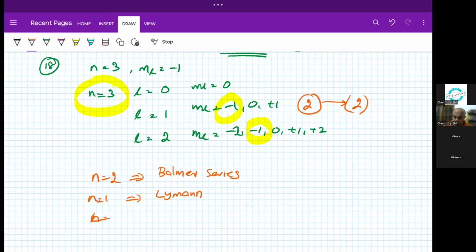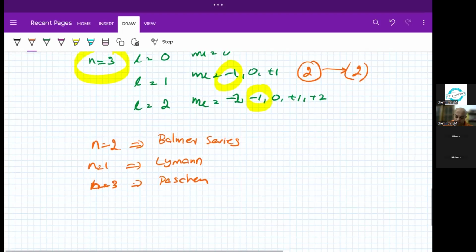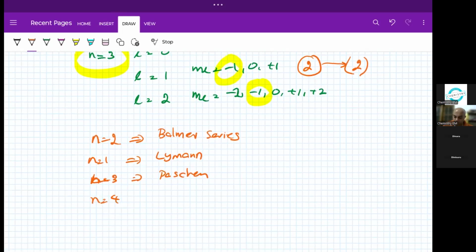N equals 3, that is Paschen. N equals 4, that is Brackett. N equals 5, that is Pfund. So likewise, these names and the principal quantum numbers they fall to need to be remembered.